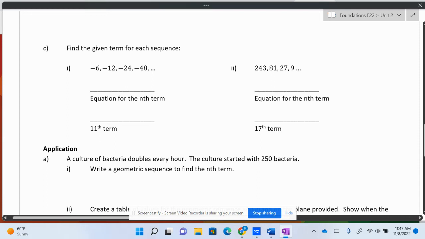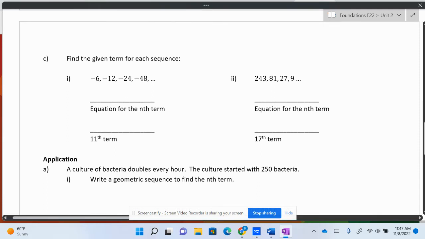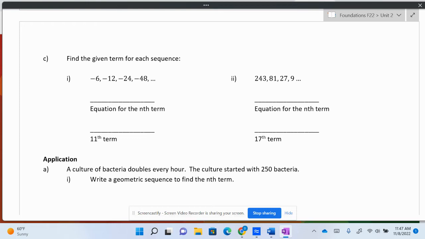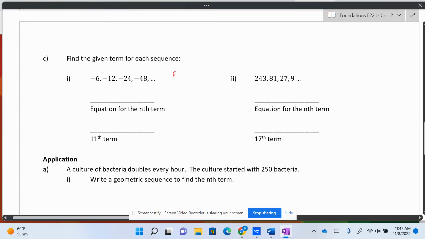So we're going to find the given term for each sequence. Listen up. So when I look at example C, the first thing that I have to do is figure out what R is. That's the first thing I have to do, is find R. So I'm going to write that over the top. First, let me scroll down a little bit.